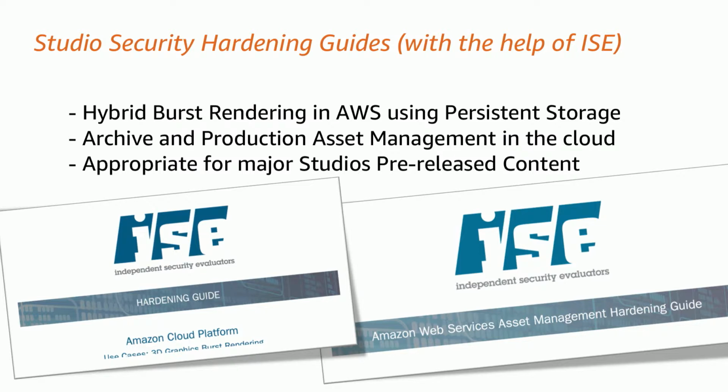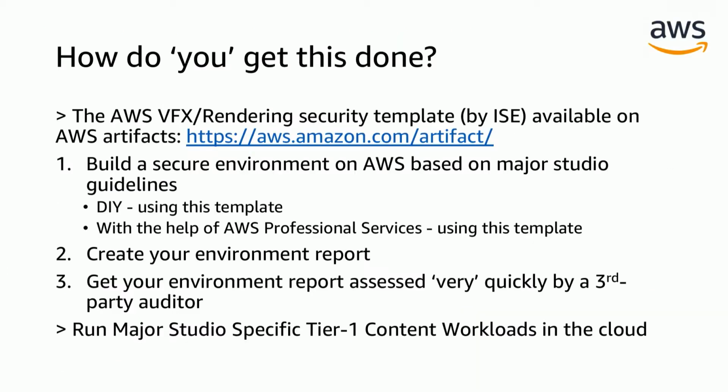Then we worked with our friends at ISE to create assessments, or hardening guides, for the burst render workflow, but also asset management and archive, right? So this is where it's really important to point out that it's not just for burst processing, but also for writing or storing tier 1 assets in the cloud.